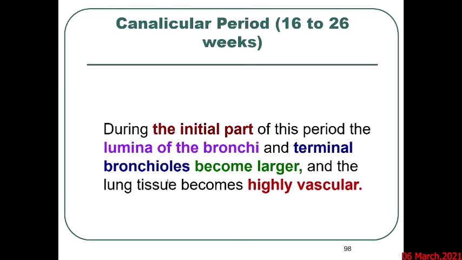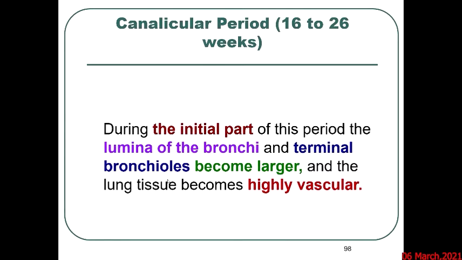This is very important. Blood vessels should be there. The lung is a highly vascular organ because respiration takes place between alveoli and capillaries. So there are so many capillaries in the lung. That is why the lung is a highly vascular organ.